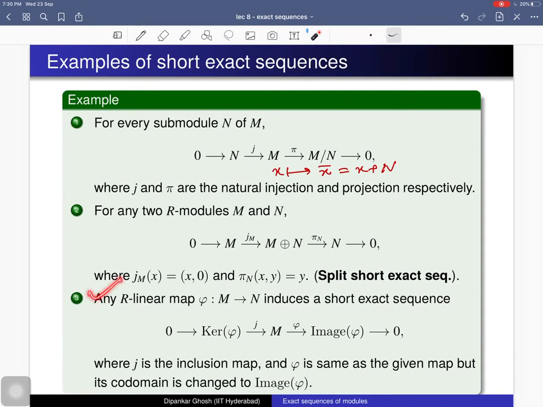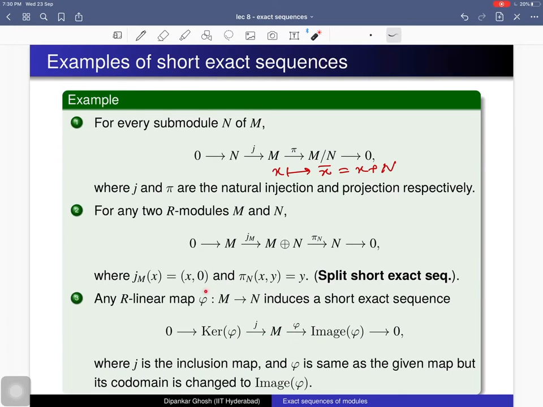Third example: you consider an R-module homomorphism, let us say phi from M to N. By that homomorphism you can construct a short exact sequence like this. You consider the kernel of phi, which is a submodule of M. So, you have this natural inclusion map, that is injective.